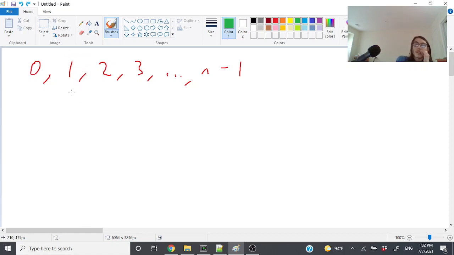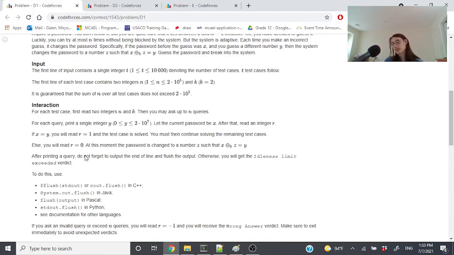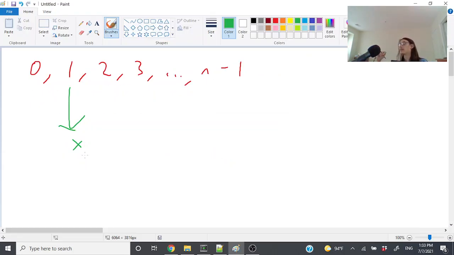And if so, we need to figure out, if the password was initially 1, after the operations we did, what would this become? And that's the number we need to ask, because we still need to reverse engineer what we need to get to if the initial password was 1. So if we ask them a number that 1 would become after doing all the operations, then it would work for us.